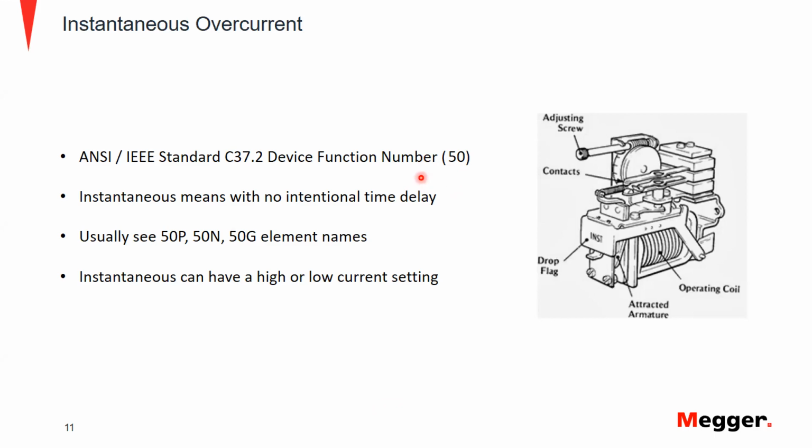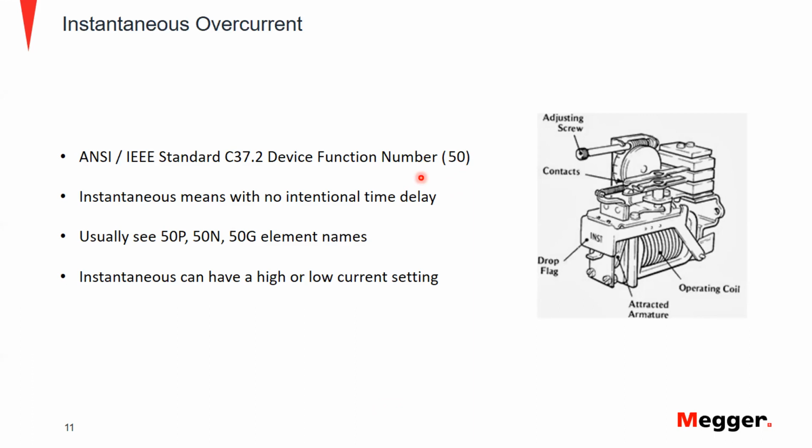The instantaneous, again, means no intentional time delay. When the current has exceeded a predefined protection setting, we want it to operate in the shortest amount of time possible. Usually you'll see the 50 element with phase, with neutral, and you'll also see an instantaneous ground element as well.